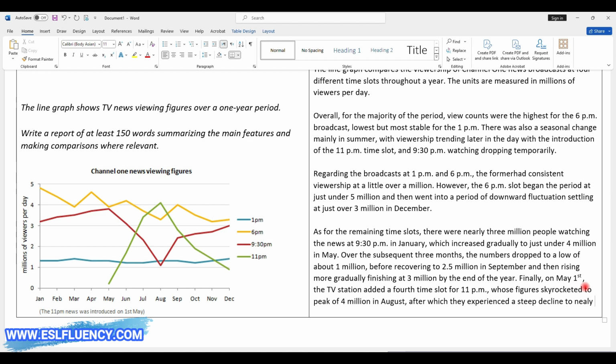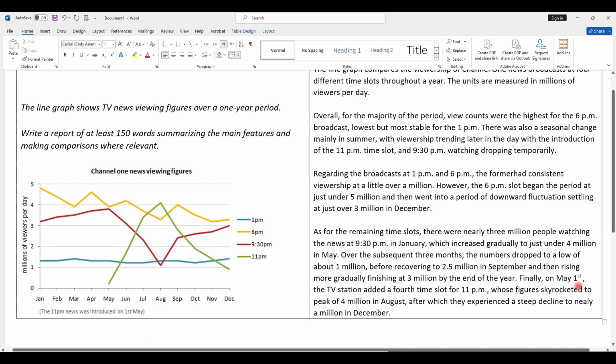I need an adverb here. And nearly a million in December. That's it. All right. That's the whole report. Analyze, identify the main features, divide the info into 4 paragraphs, and make comparison whenever needed.